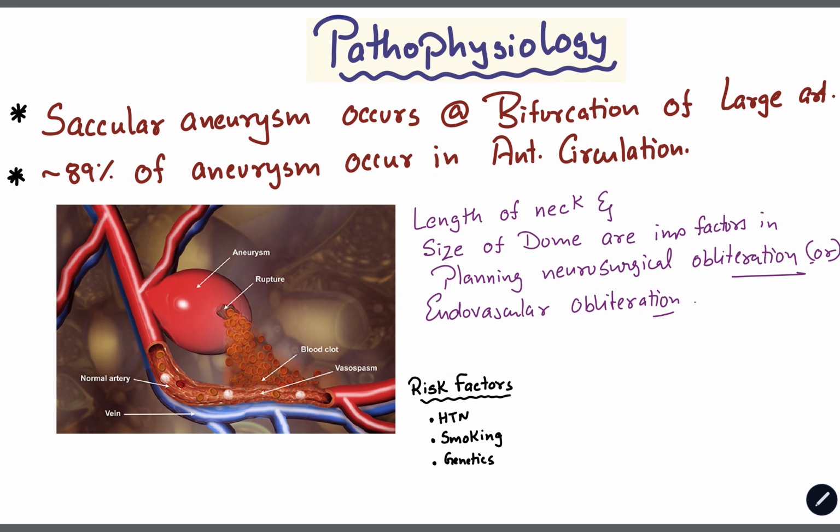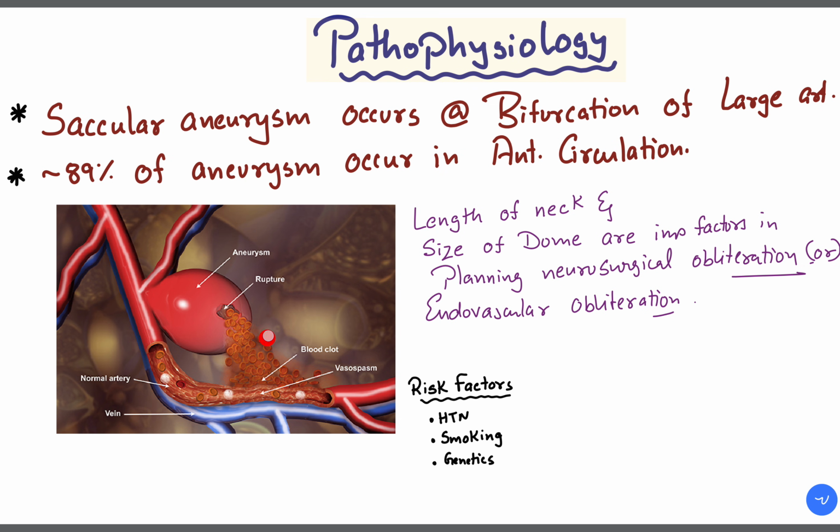Pathophysiology. As I said, weakening of the arterial wall leads to the formation of this aneurysm. The risk factors can be hypertension, smoking, or genetics. But for subarachnoid hemorrhage to happen, this aneurysm has to rupture, and with rupturing of this aneurysm and leaking of the blood is how our pathophysiology progresses.